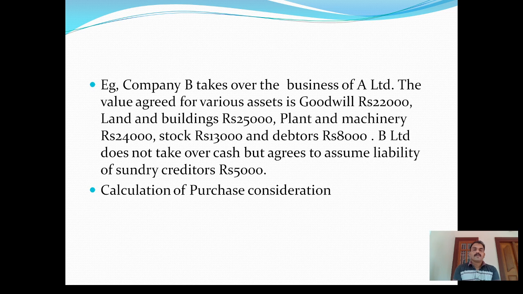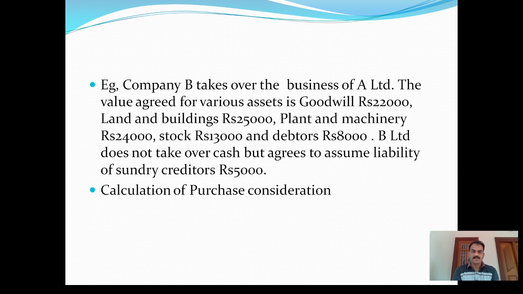Example: Company B takes over the business of A Limited. The value agreed for various assets is goodwill 22,000, land and building 25,000, plant and machinery 24,000, stock 13,000, debtors 8,000. B Limited does not take over cash but agrees to assume liability of sundry creditors Rs. 5,000.